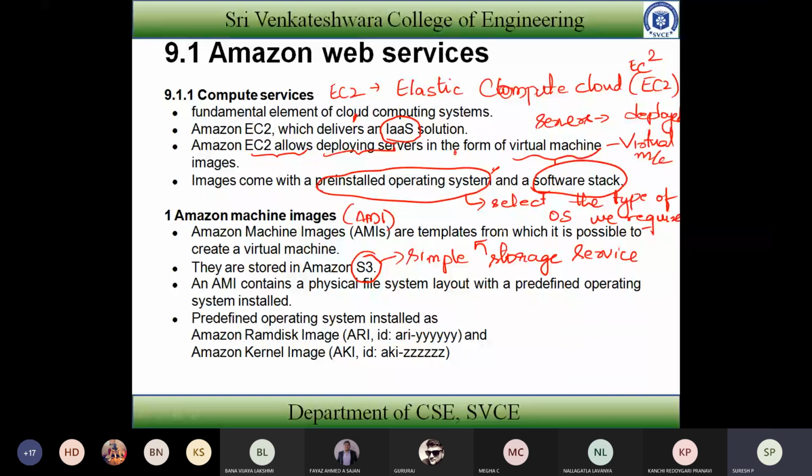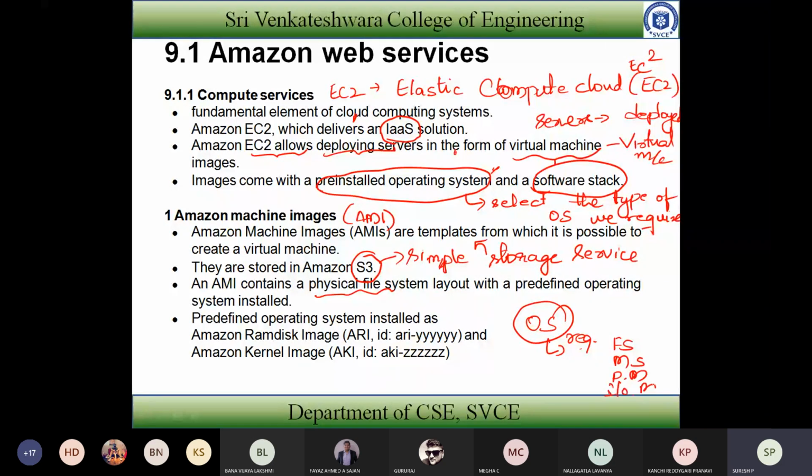Now, what does this AMI consist of? Basically, if you take the Amazon Machine Image, it contains the file system. If you take any operating system, for it to be installed, it requires a file system, memory management, process management, and IO management as well.